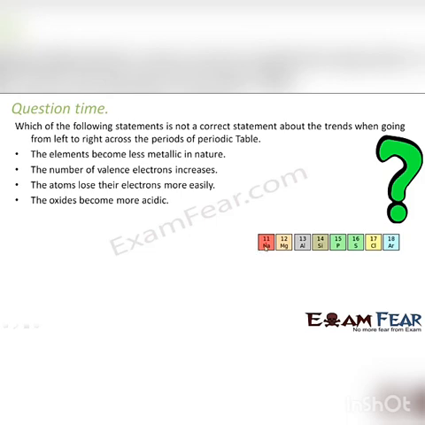This one is incorrect, because this one is more reactive, right? And this one is less reactive because it has to lose only 1 electron. This one has to lose 2 electrons. So this is incorrect. The oxides become more acidic. Yeah, that's also correct. So this one is incorrect. This is my answer.